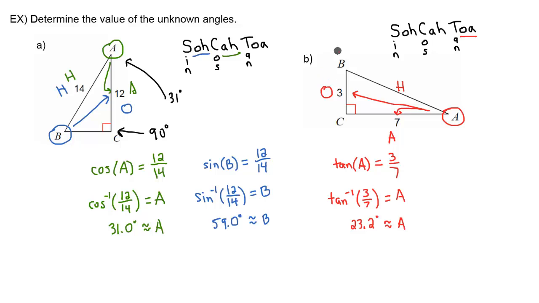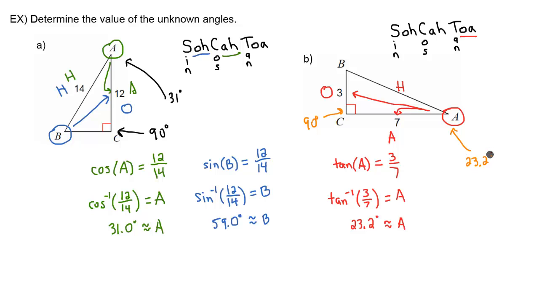Okay, so that's angle A. We could go ahead and do another trig ratio like we did here to figure out what angle B is, but we have our 90-degree angle right here. Let me draw a line there. That's a 90-degree angle, and we know that angle A now is 23.2 degrees.